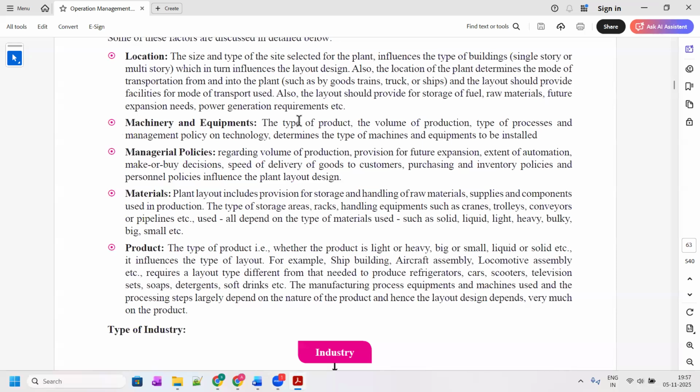where parameters like location, machineries and equipment, managerial policies, material, product, all these factors should be considered by the company.